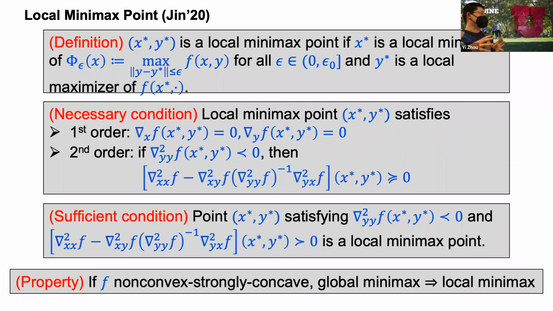And for this class of functions, we can generate very, very weird functions. In fact, it can be shown that a global minimax may not even necessarily be a stationary point. So this means these minimax optimization problems are fundamentally different from the classical minimization problems. Okay, thanks. Yeah, I know that.